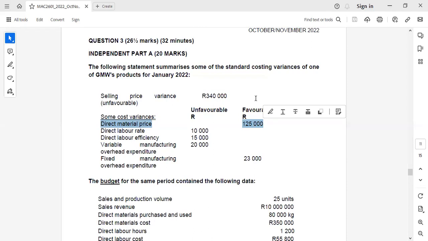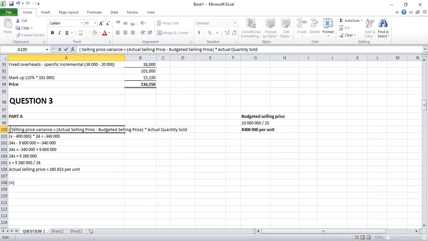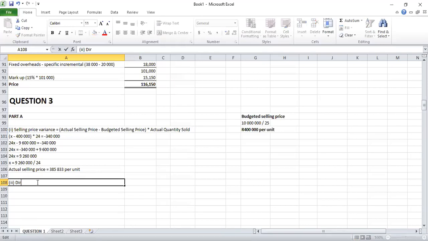We know that direct material price variance will be equal to standard price of the materials minus actual price, multiplied by the actual quantity purchased.